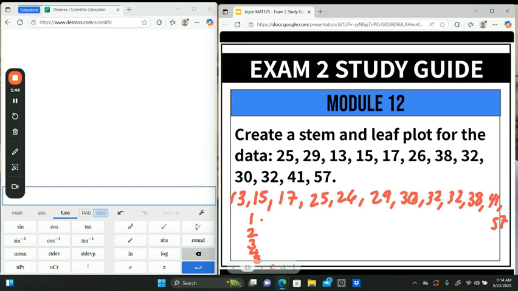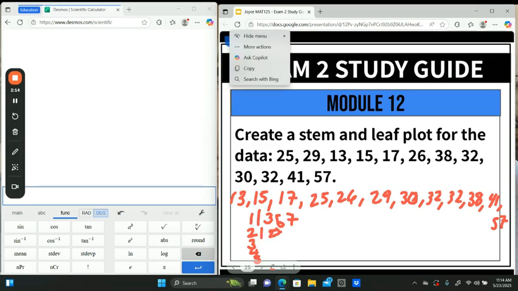All right, so then we want to include the second digit in each of these numbers since they're all two-digit numbers. So the first one is I'm going to draw a line. And then the 3 is going to represent the 13. The 5 is going to represent the 15. And the 7 will represent the 17. Same thing here. Draw a line. 5, 6, 9.